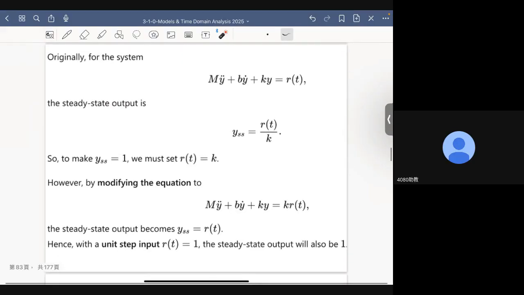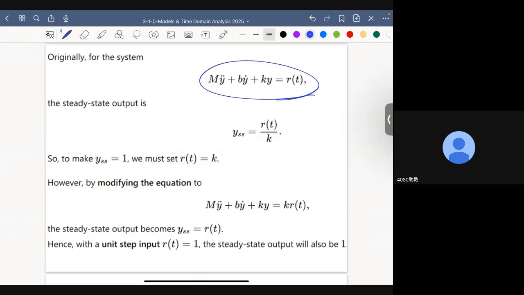Now, to make y_ss equal to 1, we must set r(t) equal to k. So this means with such a representation, we need r(t), the input, to be k in order for the system to have a steady state value of 1. Okay, that's not what we want.